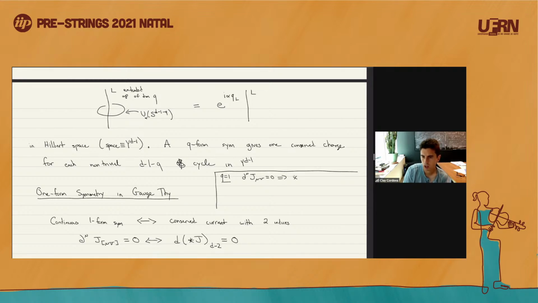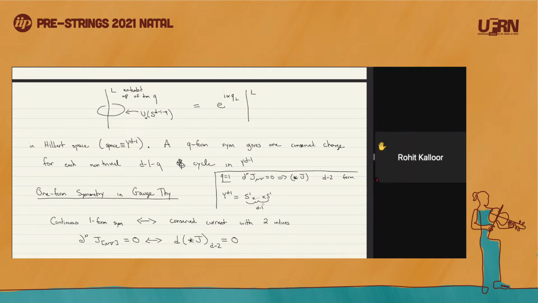So star J is a (d-2)-form. How many charges are there? Well, let's, for instance, take Y_{d-1} equals S^1 times S^1, d minus 1 times. So it's a big (d-1)-torus.